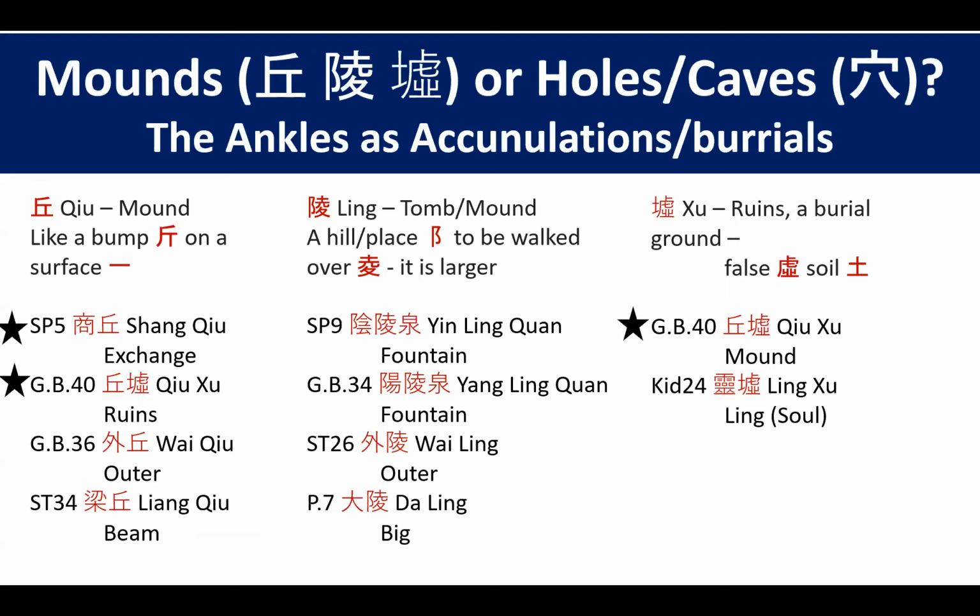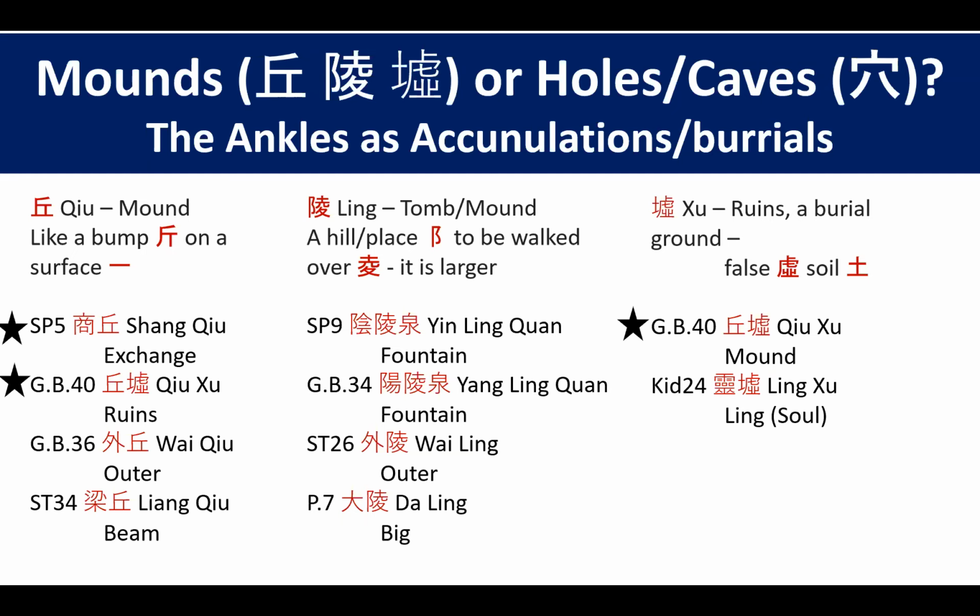Then different than that is a ling, which is also translated as a mound, but it's slightly different. And that we see in spleen 9 and gallbladder 34, which is in the knee. But interestingly enough, it comes with a fountain. So it's an interesting thing.